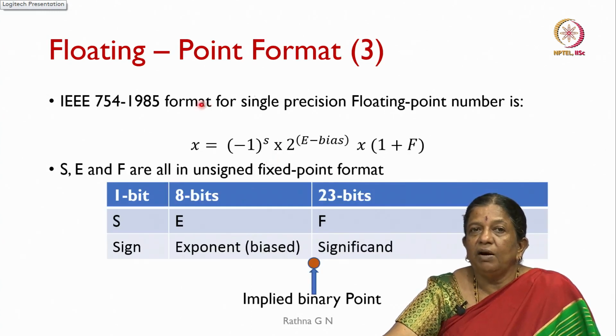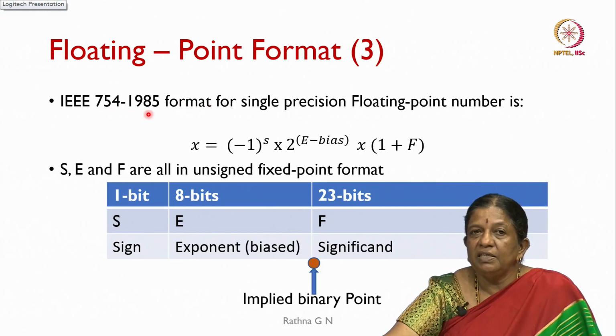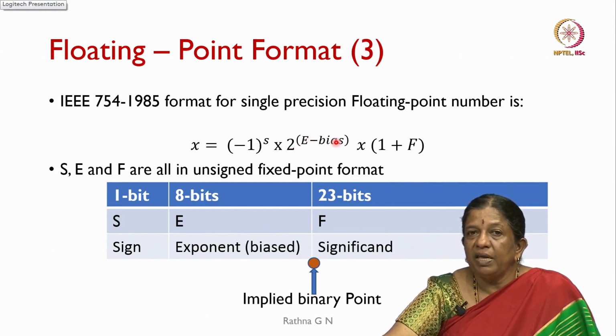So, when I come to the IEEE format representation, we call it IEEE 754, which was defined in 1985. For single precision, a 32-bit floating point number is represented as x is equal to minus 1 to the power of s into 2 to the power of e minus bias into 1 plus f. Here S, E and F are all unsigned fixed point format.